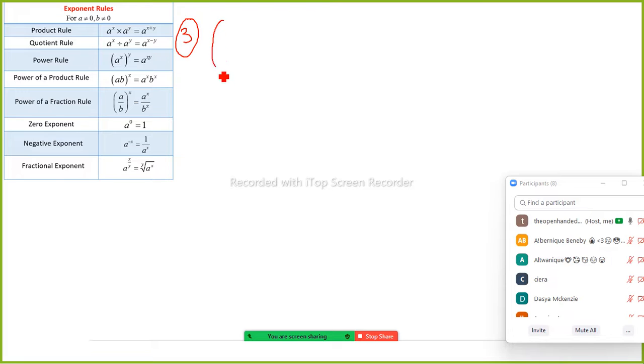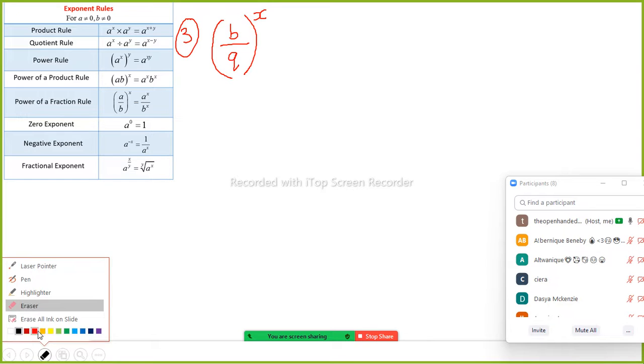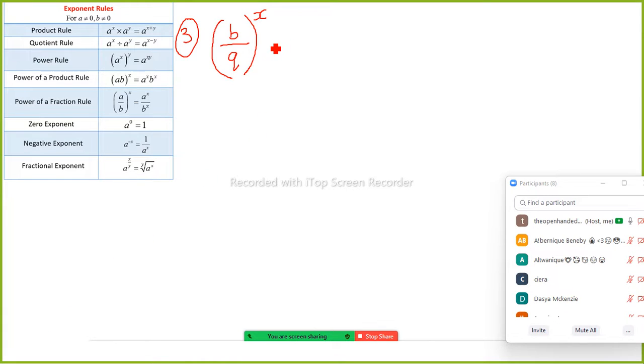Let's say we had b over q, to the power of x, and let's say we are dividing this whole thing, and if we want to be conspicuous, let's say we multiply it by, one moment, do not copy exactly what I have because I have to change mine a little bit.